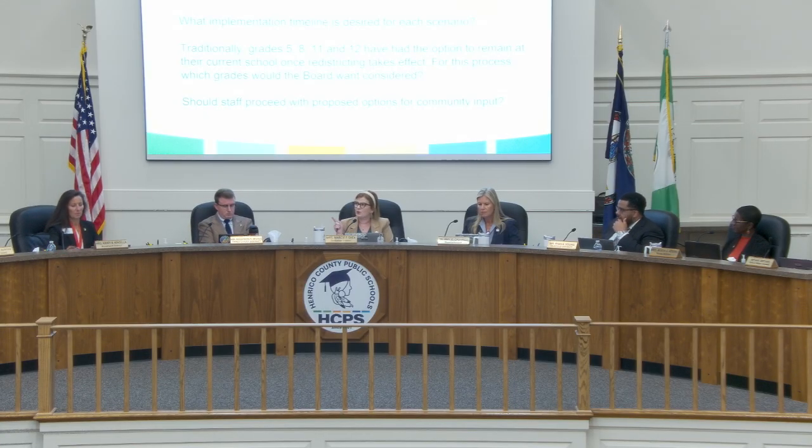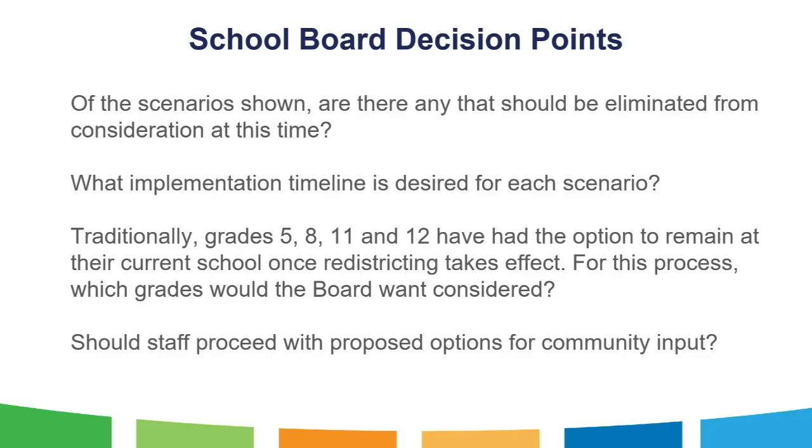So I want to start with any clarifying questions that you have about what was presented or some context that you would like to provide for your requests or the proposals that came up in your division. Then each of us will go through that, and then we'll go through these questions that Dr. Cashwell has shared with us one at a time to work down these decision points. Any questions on how we'll generally structure this?